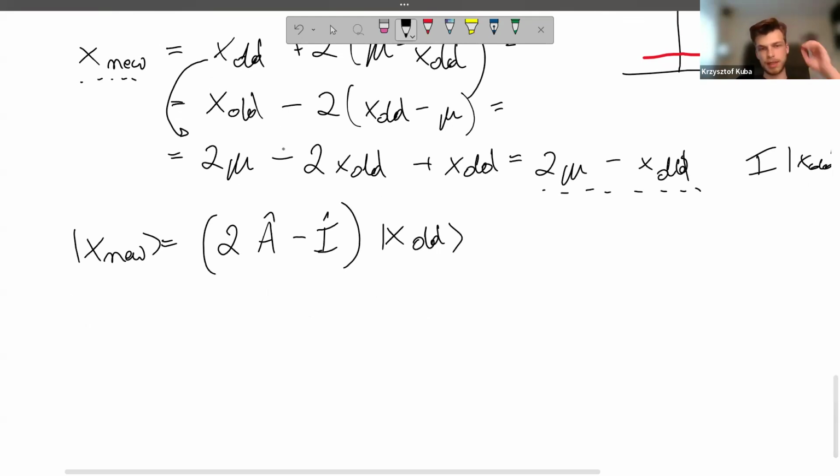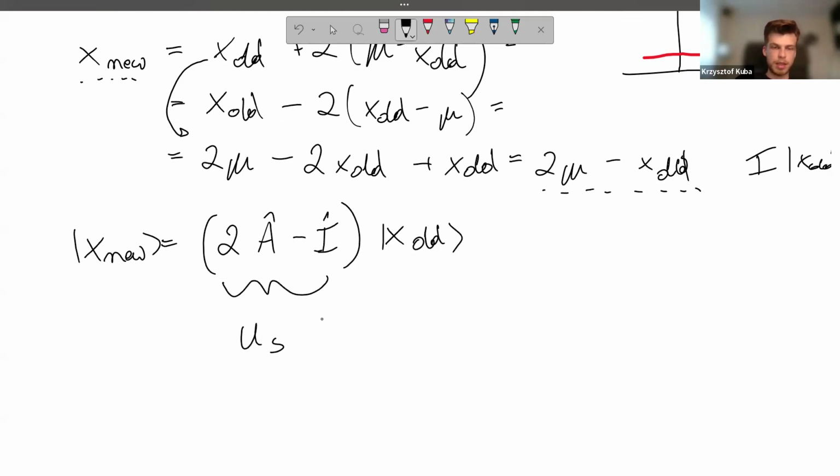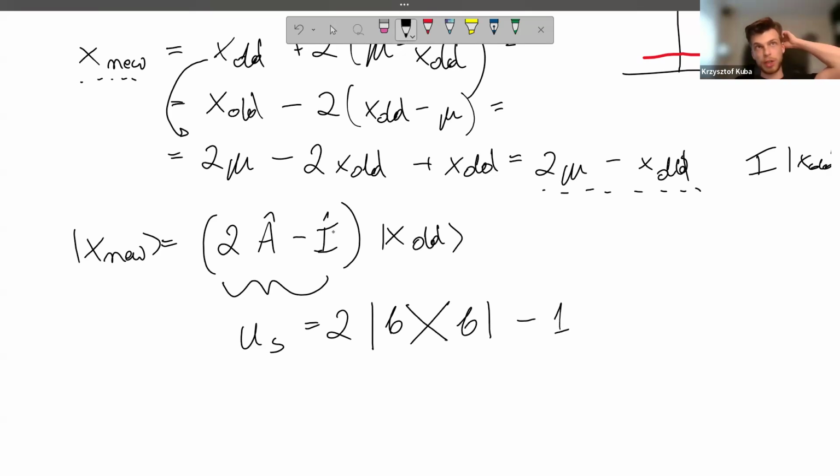So it seems proven that this new operator, which we call US, is just 2 times this B vector minus the identity operator. And how to decompose it further?